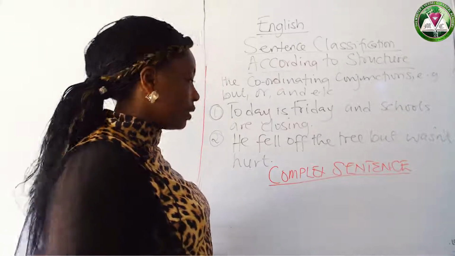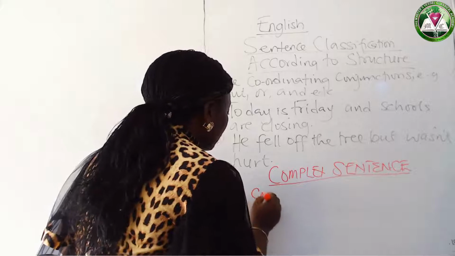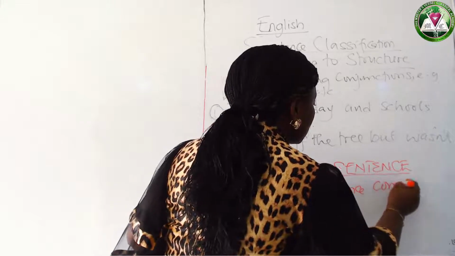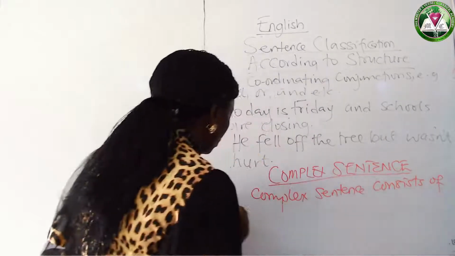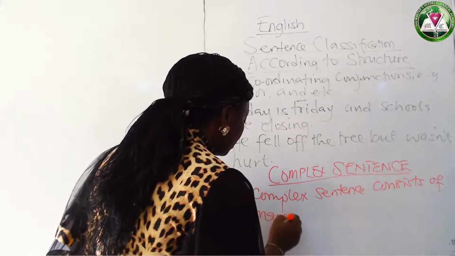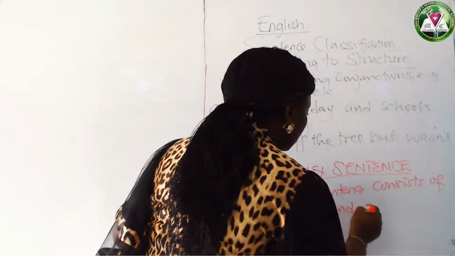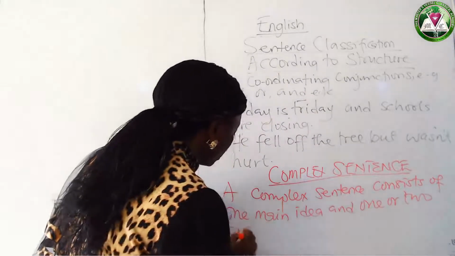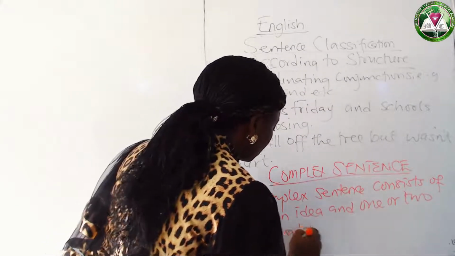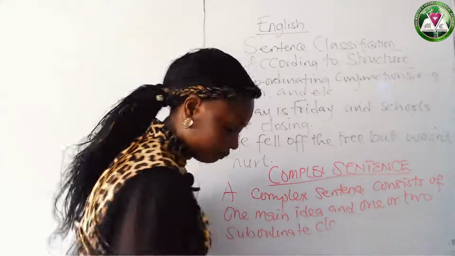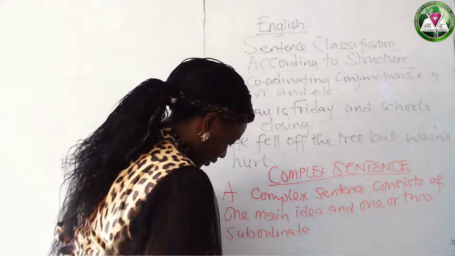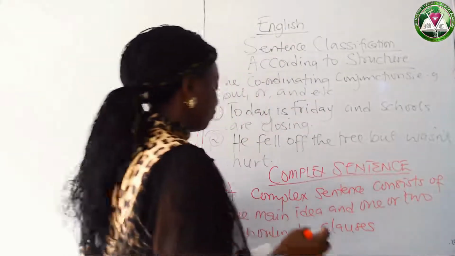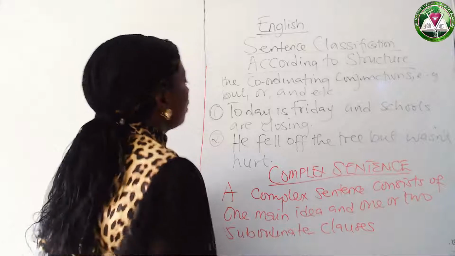Remember I said that a complex sentence consists of one main idea and one or two subordinate clauses, depending on the kind of sentence you have.